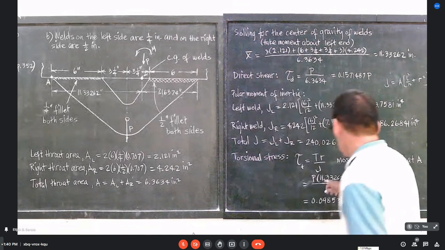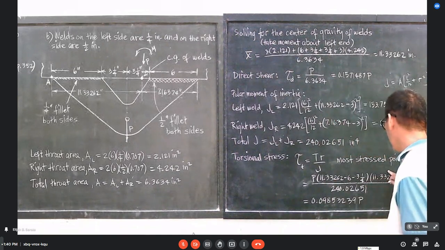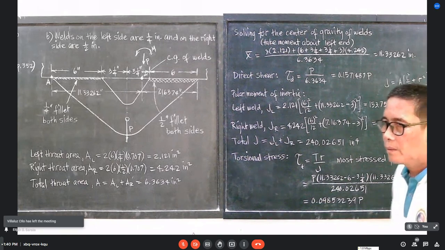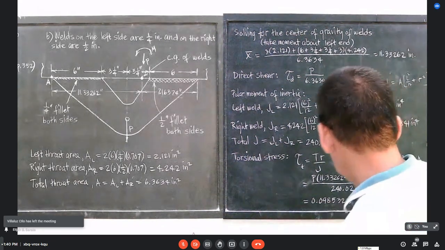So you compute this times this one over this one will become this. That's correct? Right?